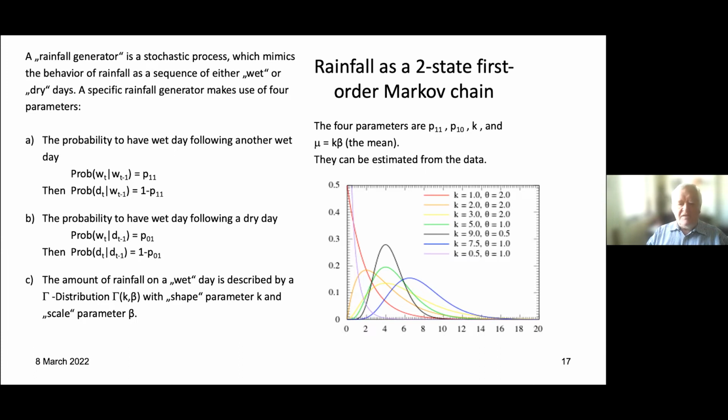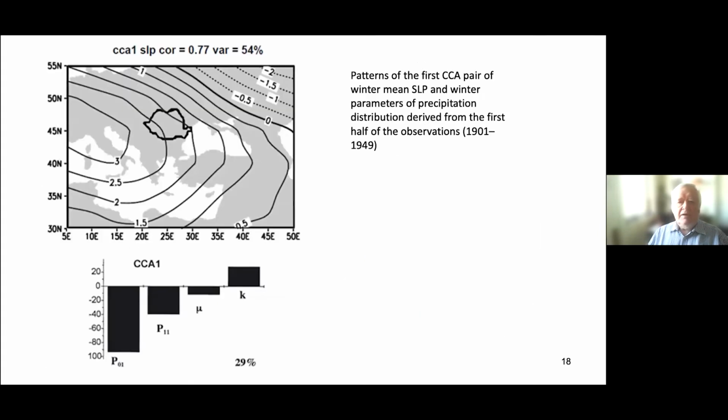This is what we want to estimate given a monthly mean air pressure field. We made a CCA, so the predictor is the monthly mean air pressure field, and the predictands are these 4 parameters: P01, wet after it had been dry, P11, wet after it has been wet, and the mean value, and k, which I cannot really understand.